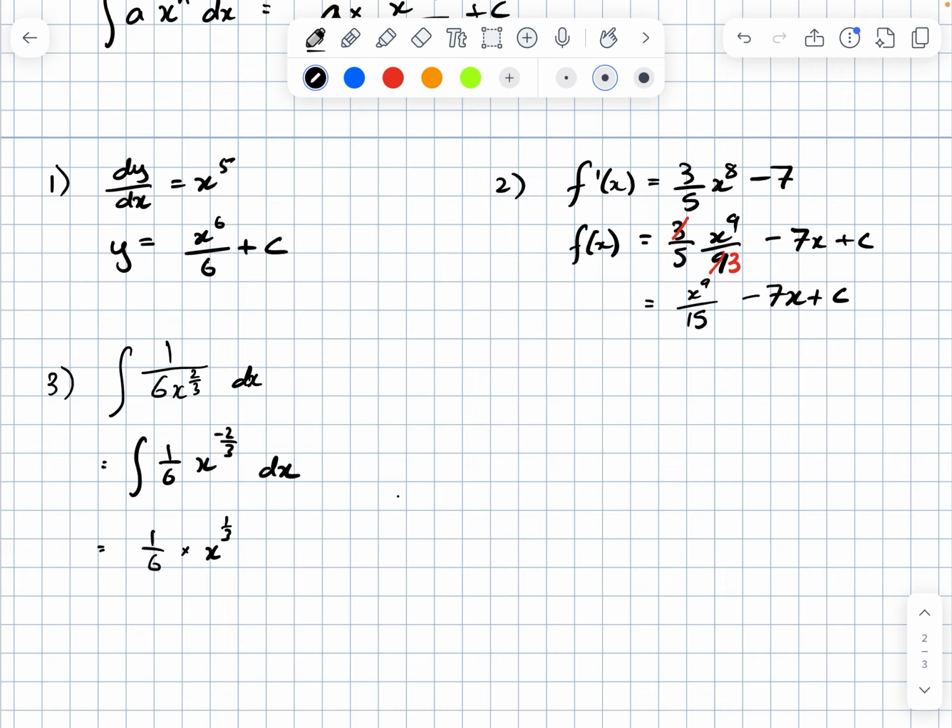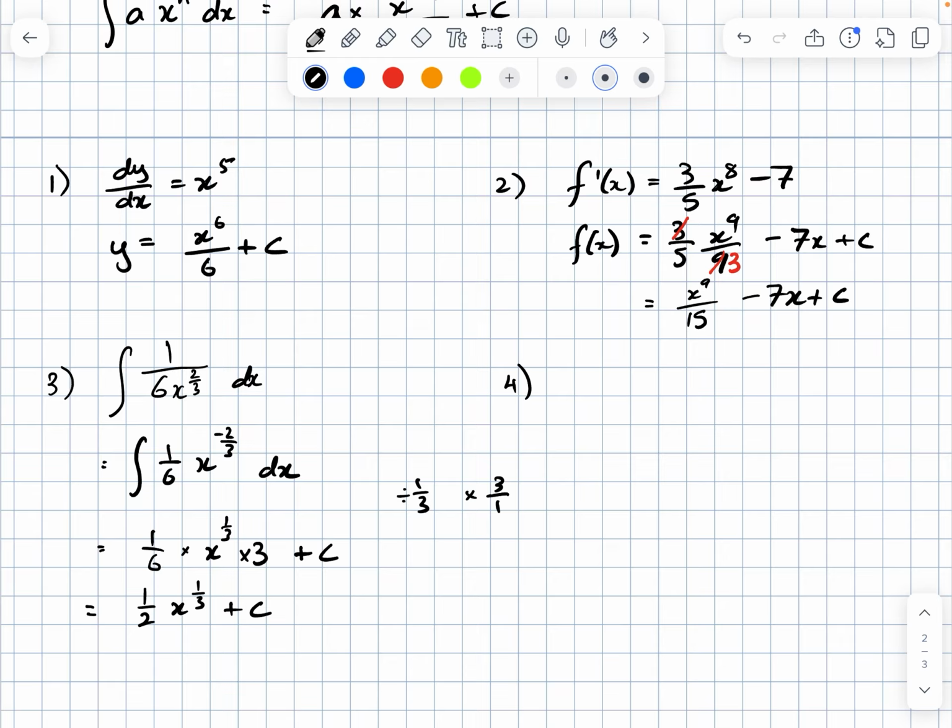Now, dividing by 1/3 isn't that nice, and so we need to know that to divide by 1/3 is the same as timesing by 3 over 1, we invert the fraction, or just timesing by 3, plus c. That gives us 3 over 6, which is 1/2, x to the power of a third plus c. Knowing your fraction division rules is going to be very useful for simplifying the work you have to do.